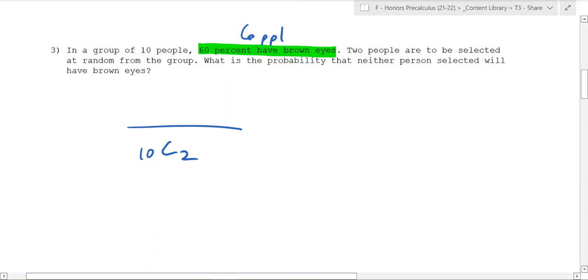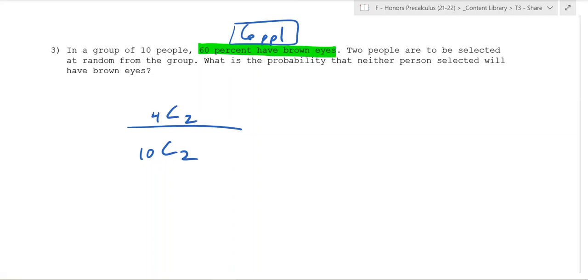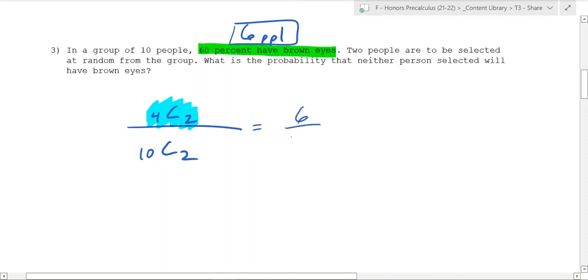It says 2 people are to be selected at random from the group. What is the probability that neither person will have brown eyes? Well, if 6 people have brown eyes, that means that 4 people do not. So how many ways can you choose 2 people from 4? Well, that's 4 choose 2 right there. So this is choosing 2 people from the 4 that do not have brown eyes. That's how many ways you can do the choosing. So in this case, you end up with 6 over 45, which is going to be 13.33%.